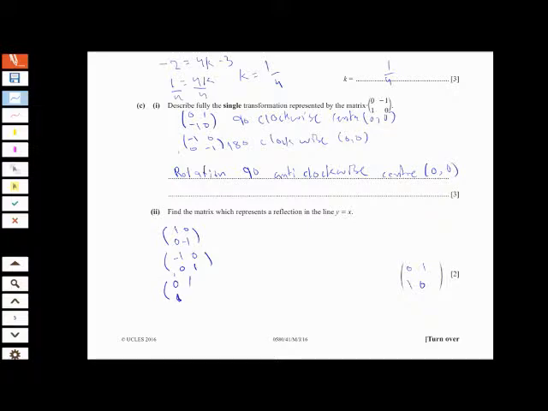The last one is (0, -1; -1, 0). So basically (1, 0; 0, -1) is a reflection in the x-axis. The second one is a reflection in the y-axis.